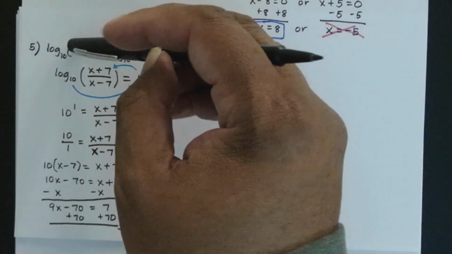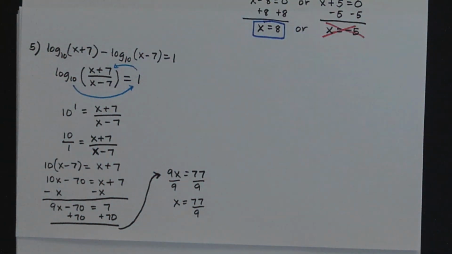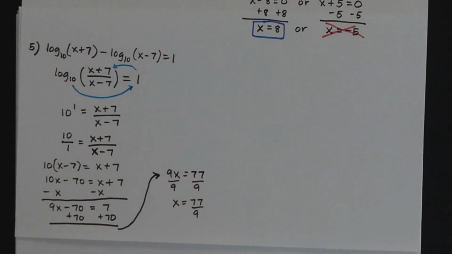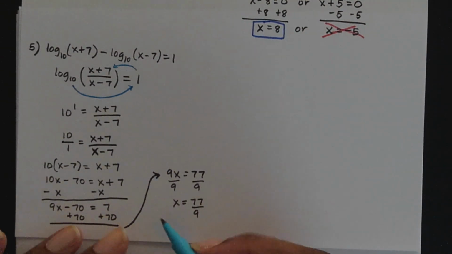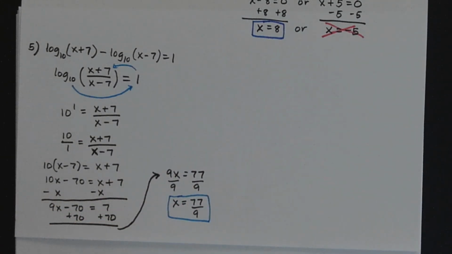And I can check to see that this will not be 0 or a negative. So x equals 77 over 9 would be the solution to that logarithmic equation. Okay. Are there any questions about problem 5?